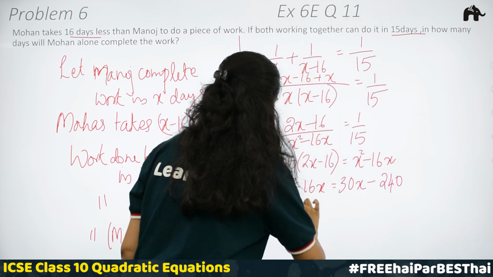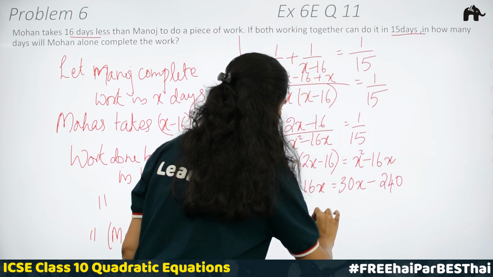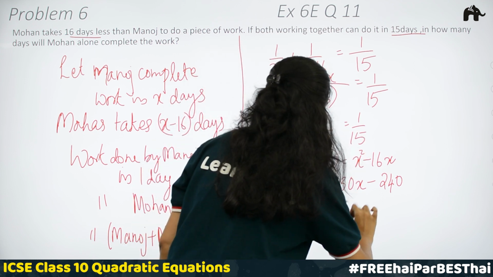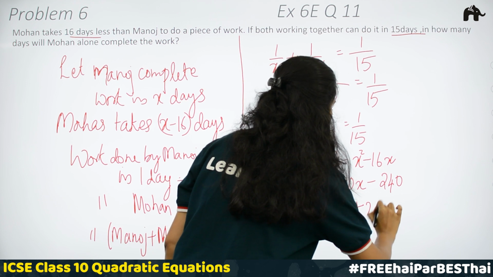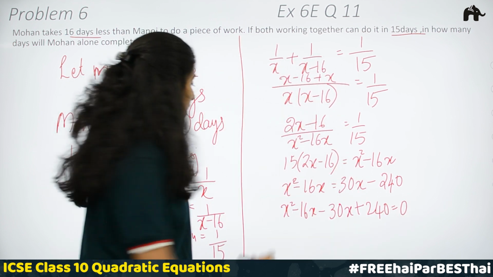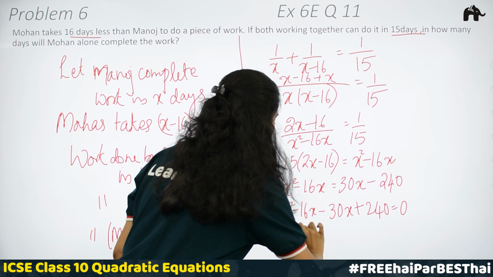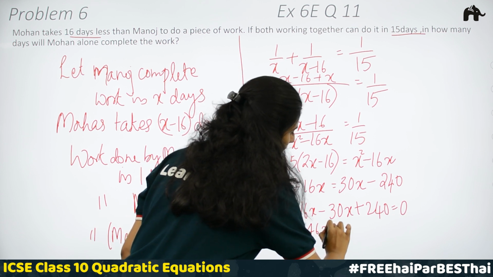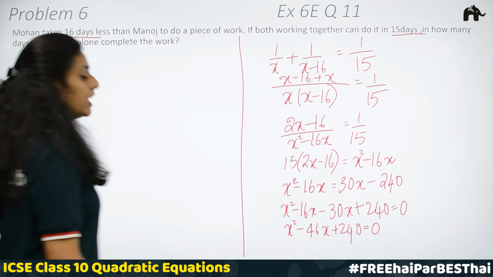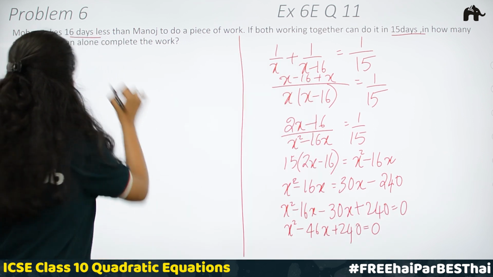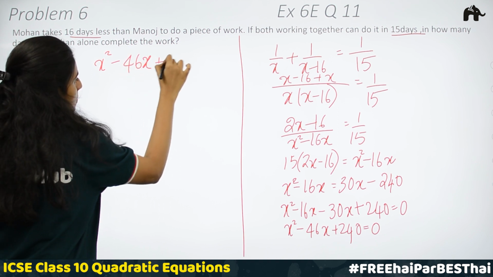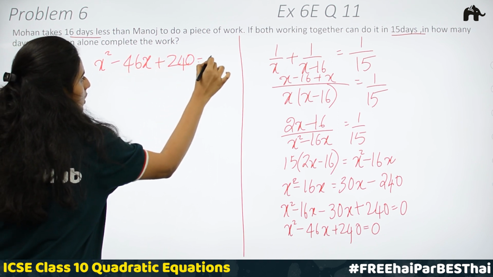X square minus 16x minus 30x plus 240 is equal to 0, or x square minus 46x plus 240 is equal to 0. The required quadratic equation is x square minus 46x plus 240 is equal to 0.